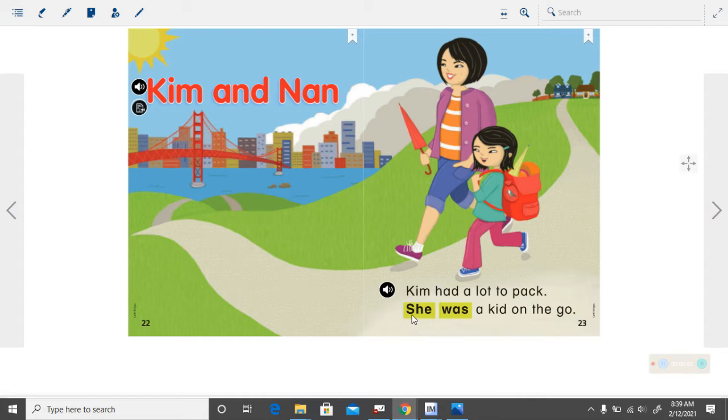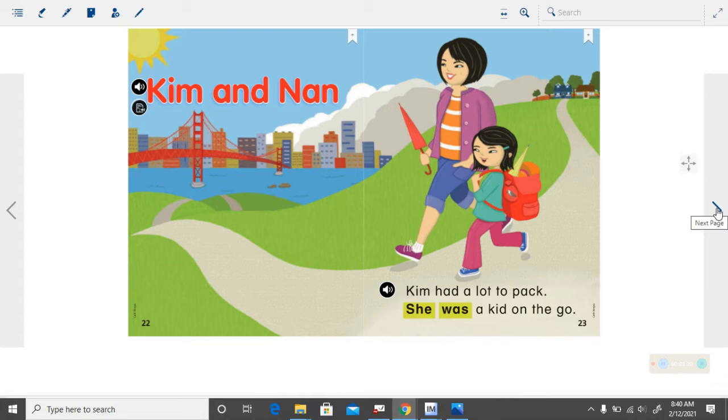Here we see the word she beginning with a capital S. We know that that's the beginning of a new sentence. It begins with a capital letter and it comes right after the period, right after the end of another one. She was a kid on the go, period. Now, when we're reading it, we don't say period, but we see that period there, so we know it is the end of that sentence.